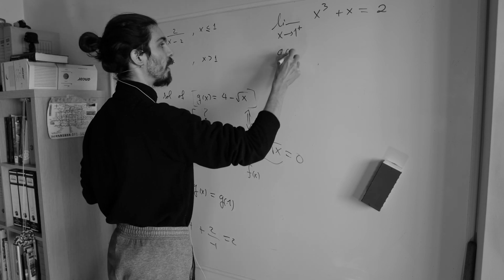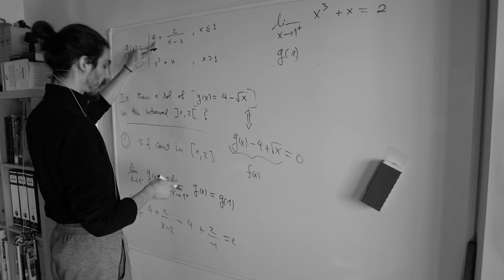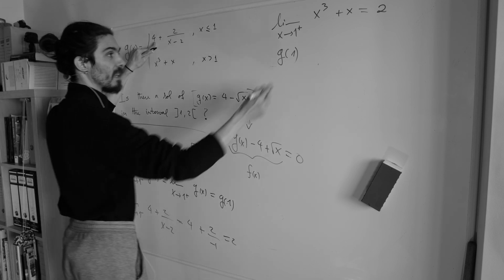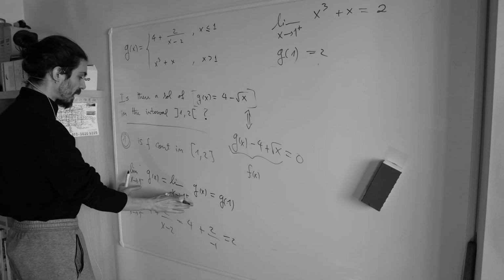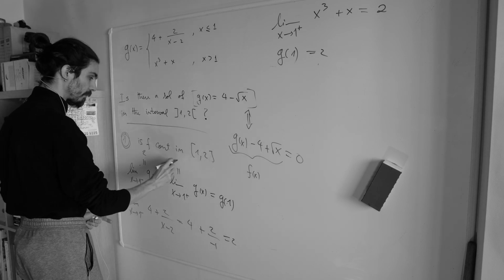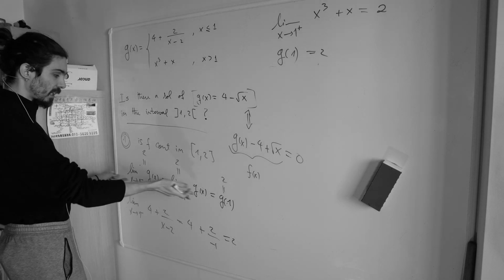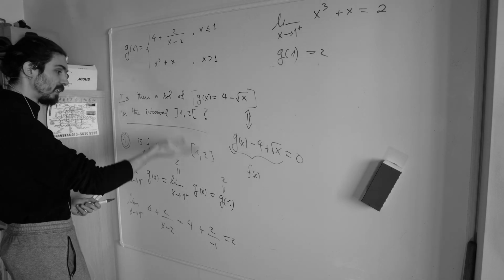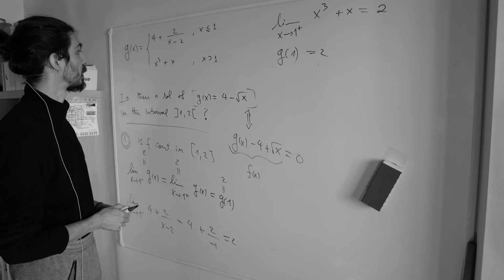And what is g of 1? Well, we use the first branch, but you can immediately see that it's again 2. So these two limits are 2, and also the image of 1 is 2. Because all these equalities are true, the function is indeed continuous at 1.